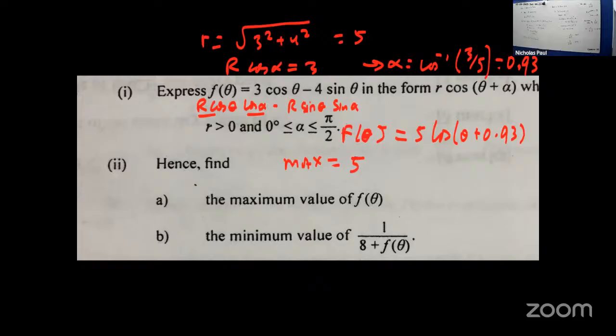And what will the minimum value be? For part B. What's the minimum value? Plug in both of them and see. What is the minimum value?